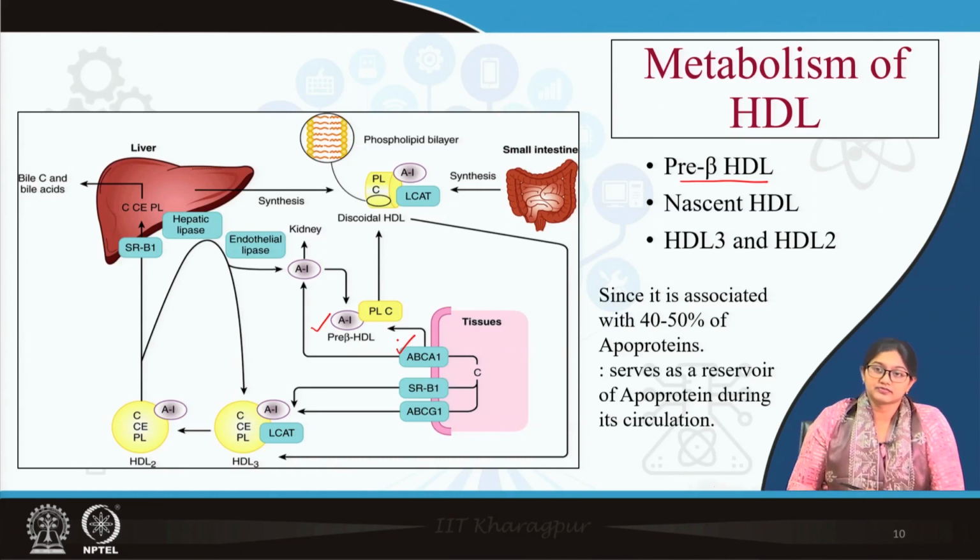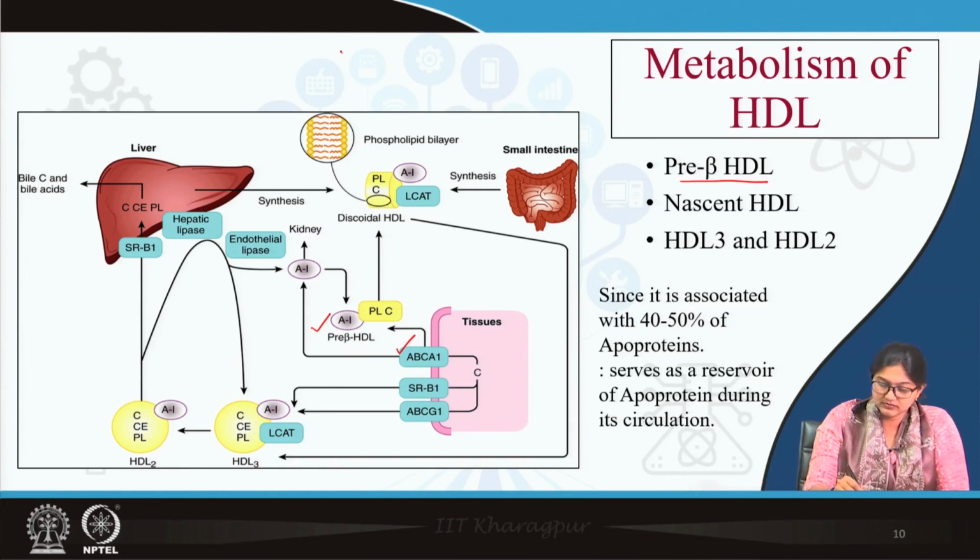This is a type of transporter protein. ABC stands for ATP binding cassette transporter protein and the type is A1.